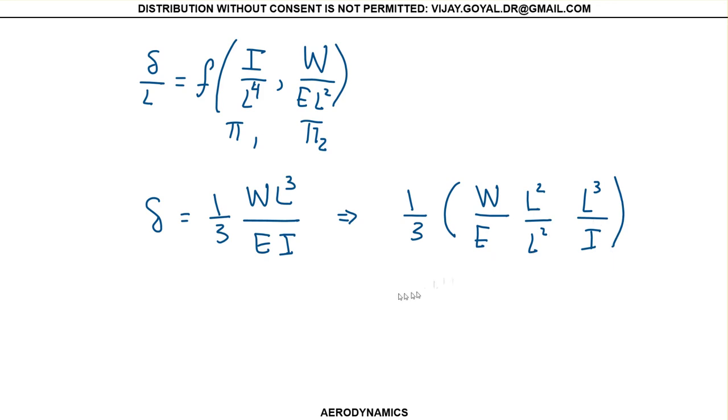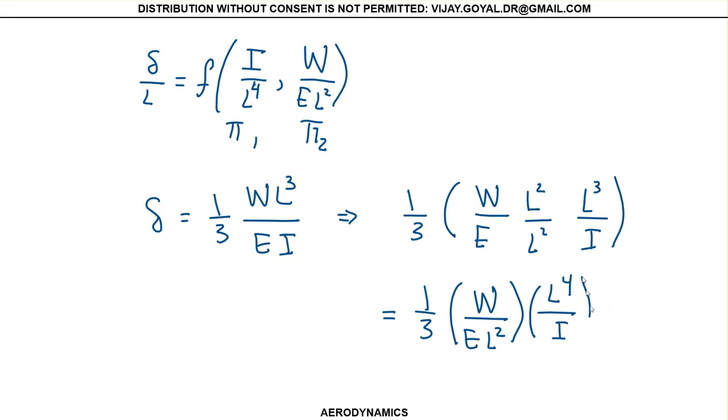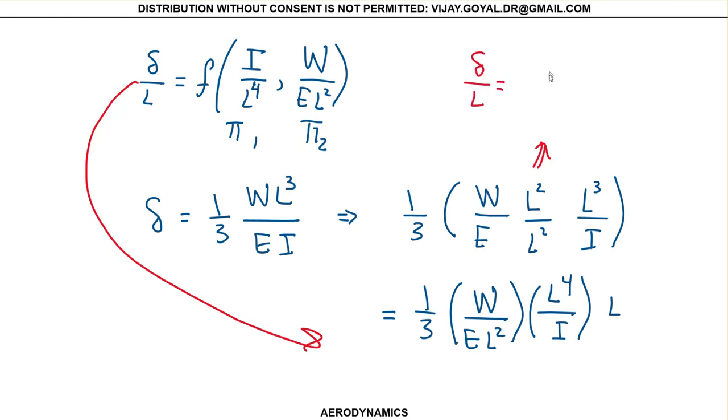So now we can further combine the terms. 1/3 W E L squared times, keep one L there, L to the fourth over EI times L. And then from these two, if I compare these two equations, we can show that what you have is delta over L. You have a constant 1/3.